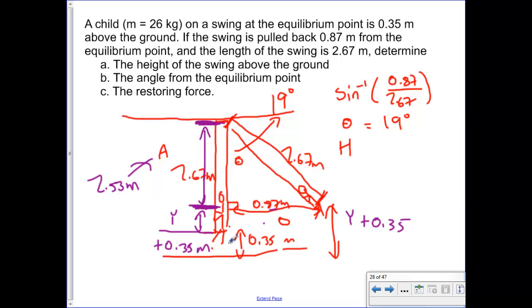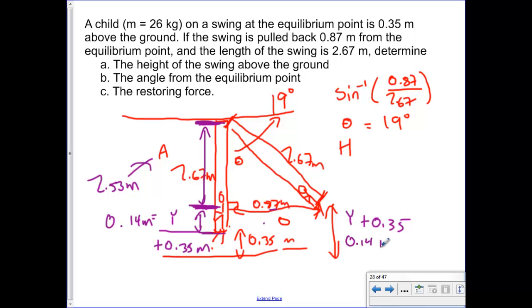So if this is 2.53, but down to here was 2.67, then y must be 0.14. Is that correct? Because 2.67 is down to the base of where Kinsey's bum is on the bottom of the swing, but this distance right here is going to be minus that adjacent.